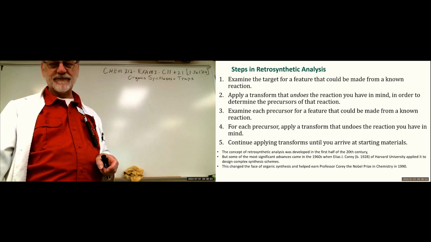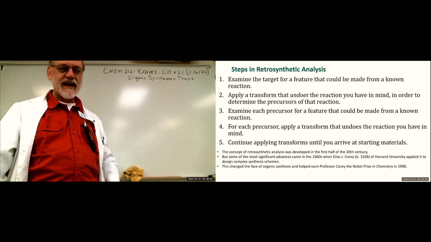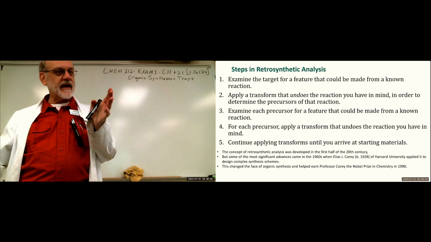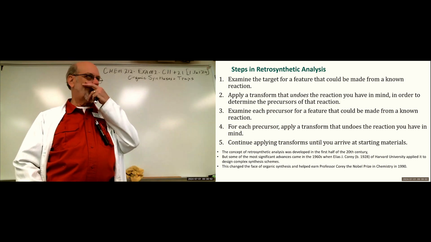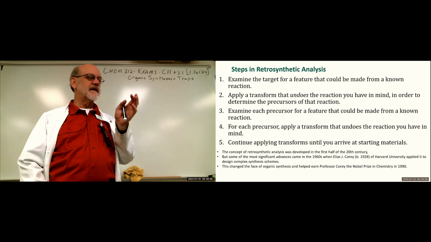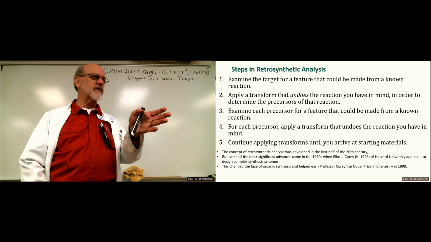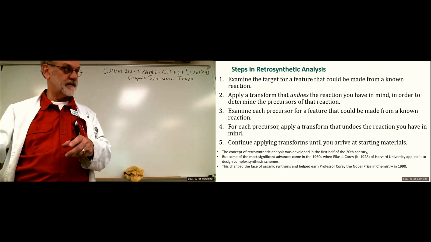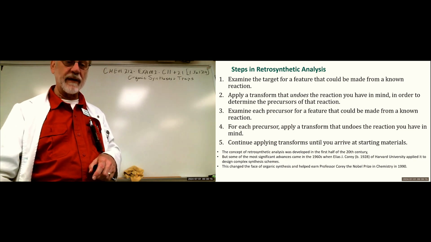Took him a while, 1990. Usually the Nobel Prizes come way, way later. They have to decide whether the work that you did is accepted by the scientific community and has produced results in the scientific community, and that takes a lot of time.